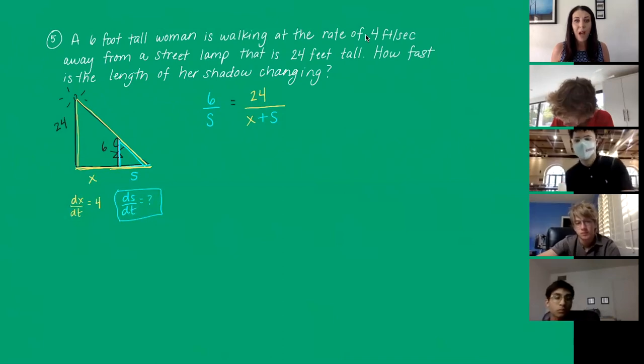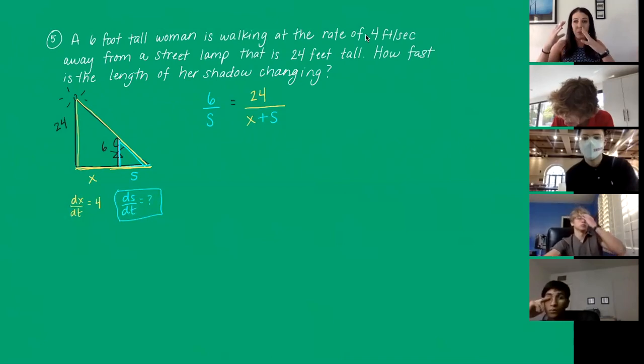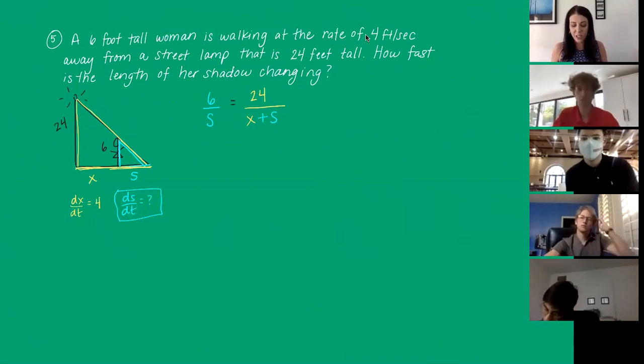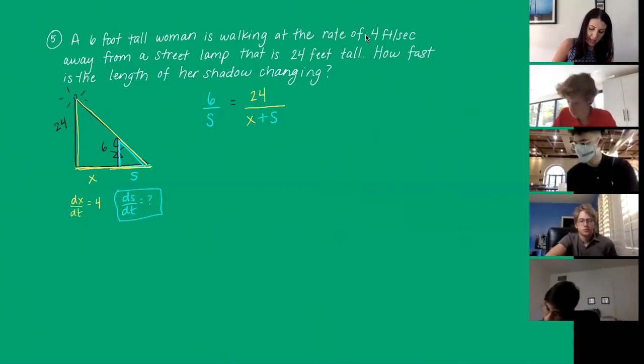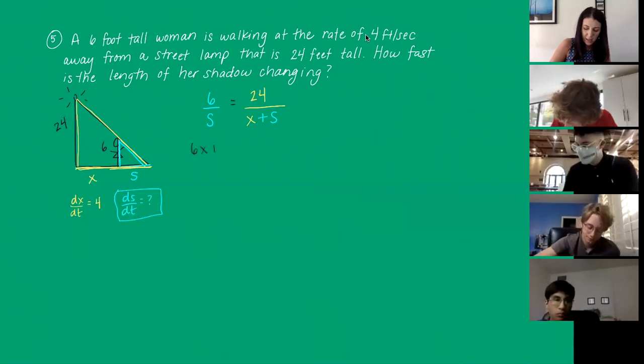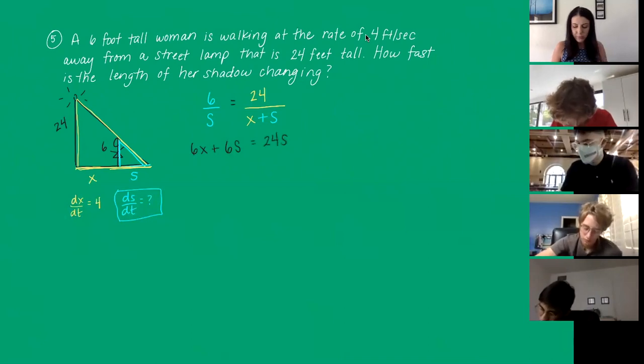I don't recommend you take the derivative like this first. I recommend you cross multiply, and then simplify this equation prior to taking a derivative. When we cross multiply, we get 6 times x plus s, so that's 6x plus 6s is equal to 24s.